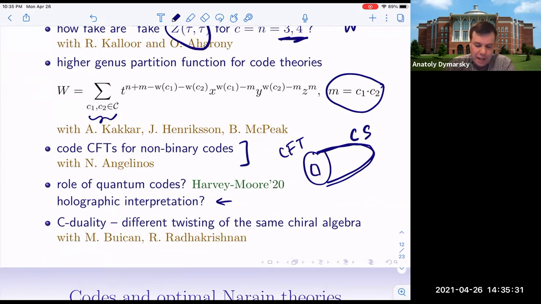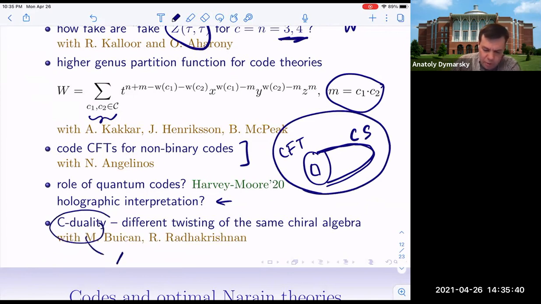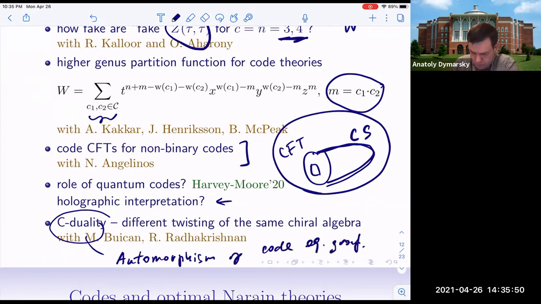And it says that this picture with the conformal blocks of the corresponding CFT might be related to automorphisms, this C-duality, automorphism of the code equivalence group. I probably don't want to go into details here because it's very technical.